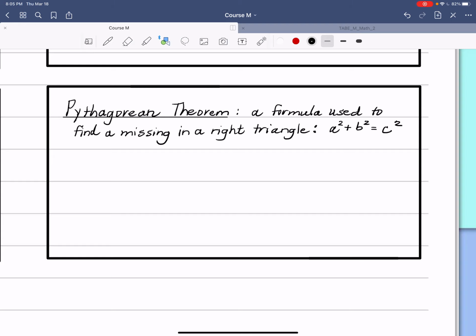It only works with this type of triangle. You must have a 90-degree angle right there. This is called a leg. This is called a leg. And this is called hypotenuse. And we're going to talk about all those. There's a separate video that I made about those.